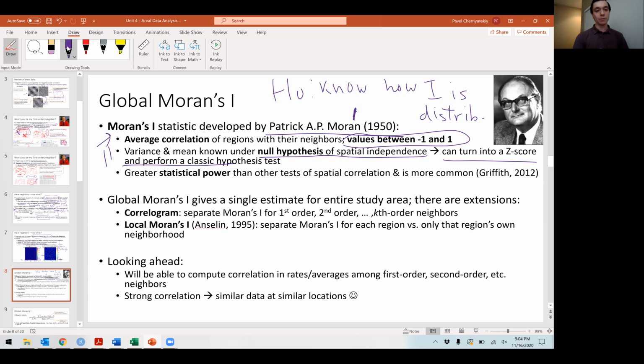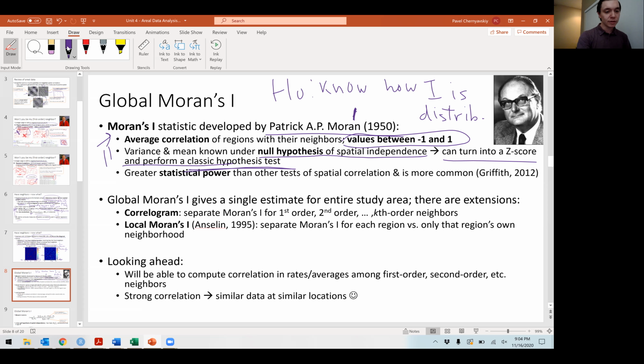That allows us to compute a classic hypothesis test, get p-values, get standard normal based confidence intervals. So it's popular because it can give people a solid, quick measure of spatial correlation between your areal, discrete spatial regions.